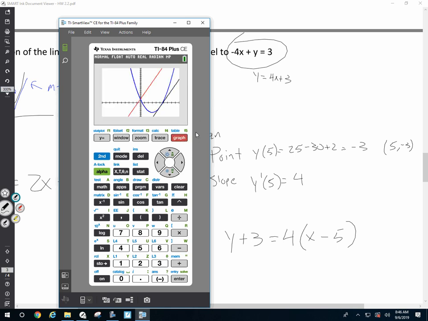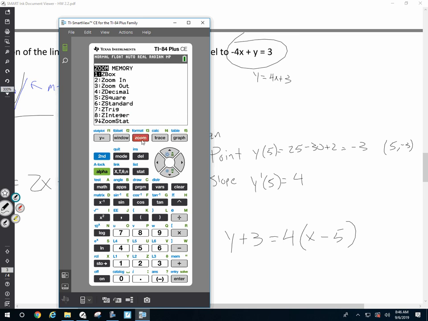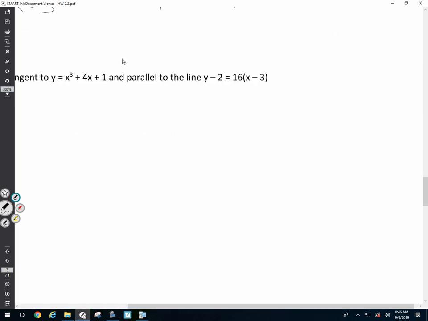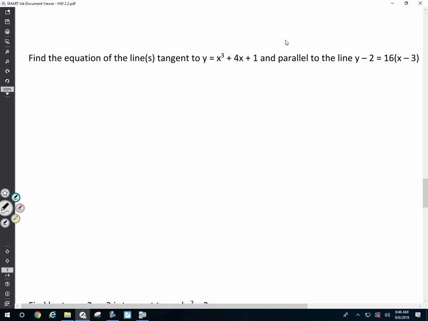Oh, I feel like they're not like the same slope. I think the window being all messed up, yeah, that looks better. So that's great. Here's that line in red, which is the 4x plus 3 line. This is tangent to the parabola, and it's parallel to that line. Isn't that great? Yeah, I know you're happy with it.